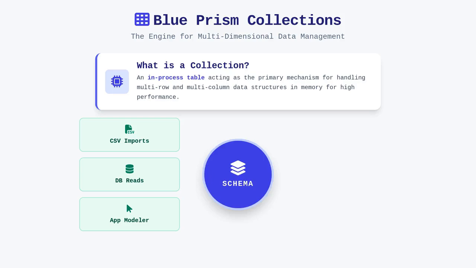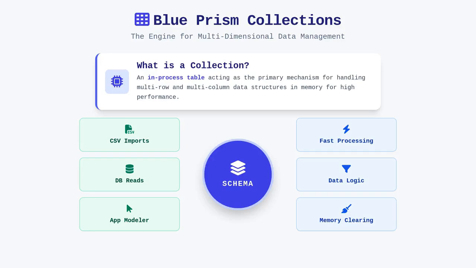Because collections reside in memory, they are highly performant for intermediate data processing, but they require discipline in how they are initialized and cleared. Always define your schemas explicitly, rather than relying on inferred types, if you want to ensure your process remains resilient against upstream data changes.